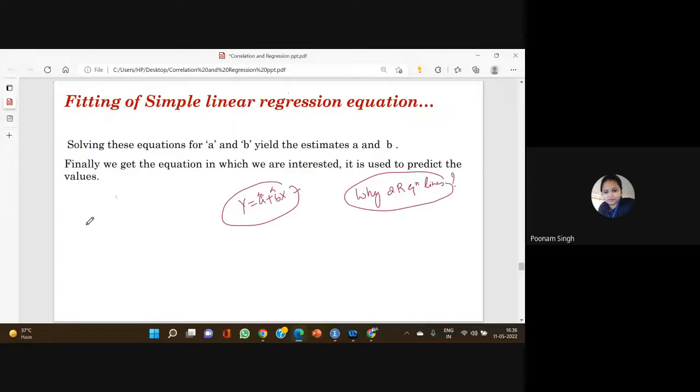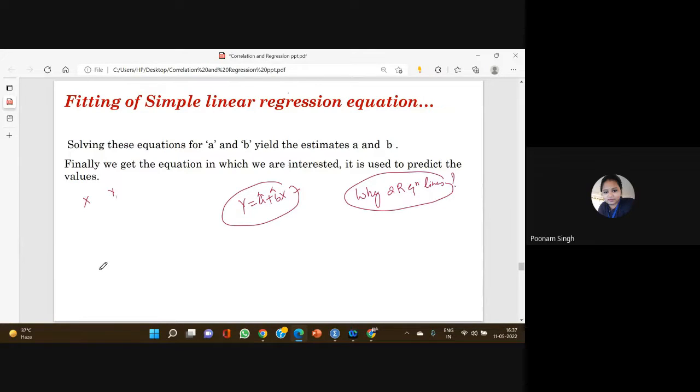One can consider x as the independent variable and y as the dependent variable, or y as the independent variable and x as the dependent variable, in cases where we are confused which one to take as dependent and which as independent. In that case, the variable which you want to predict, take it as the dependent variable, and the variable which you want to use for prediction, take it as the independent variable.